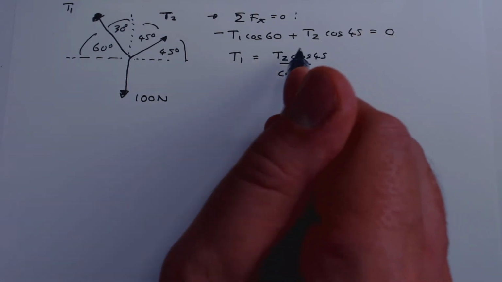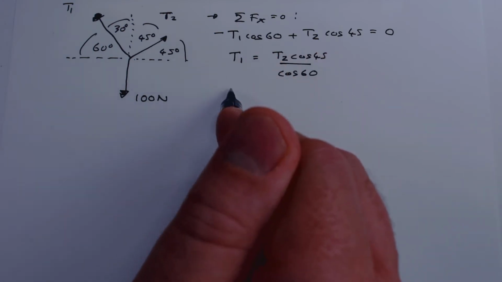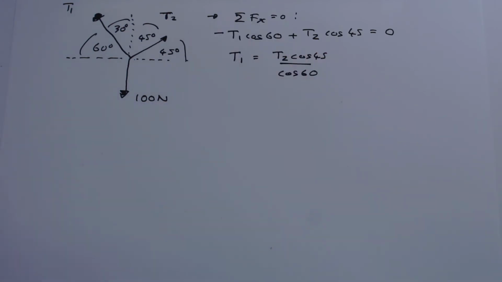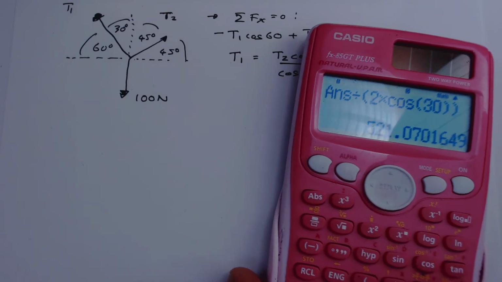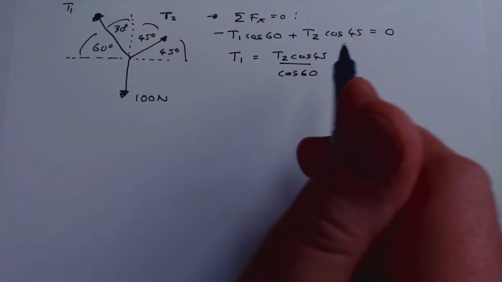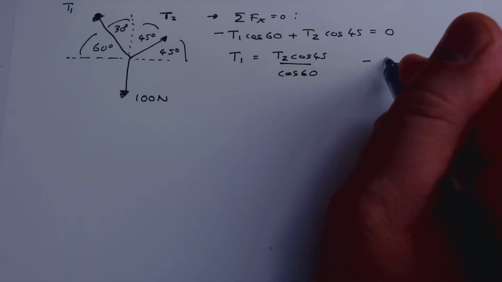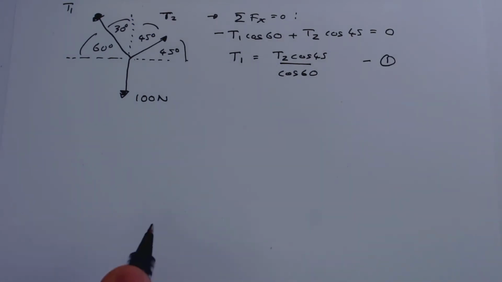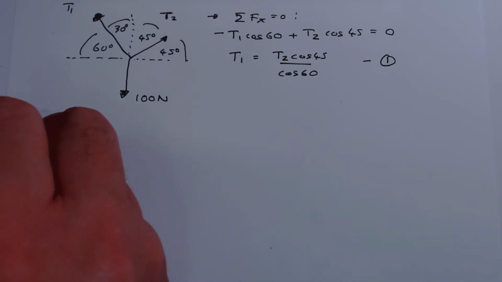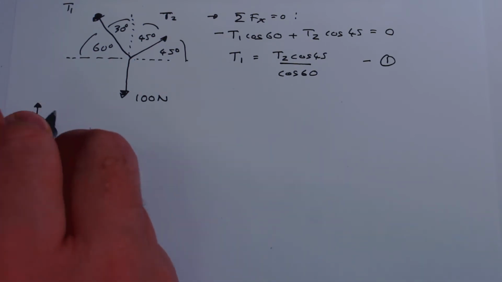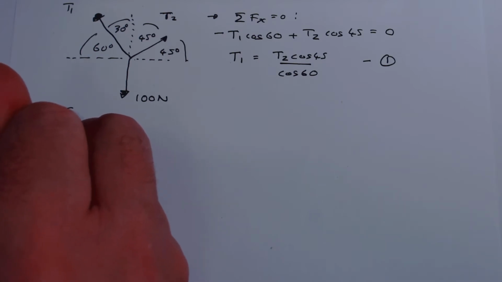Now what I want to do is put off the scenario where I'm using my calculator. Right, so it's tempting to use my calculator at this point, but until it's my final solution I will not use my calculator. So let's move on to the forces going in the y direction.